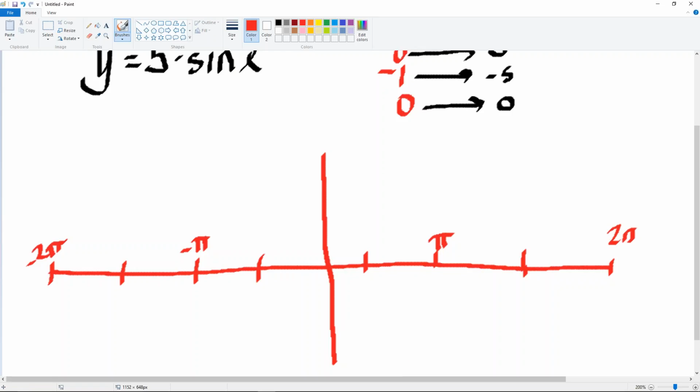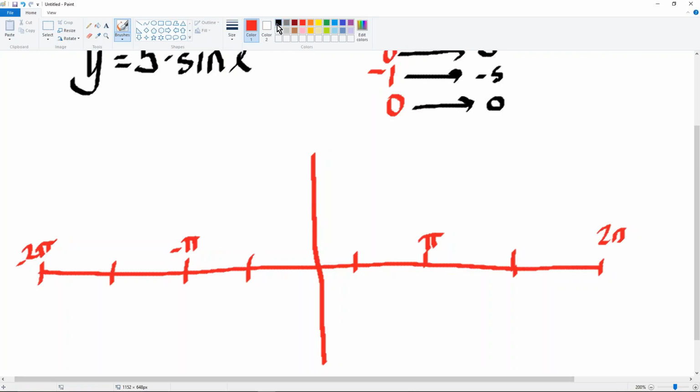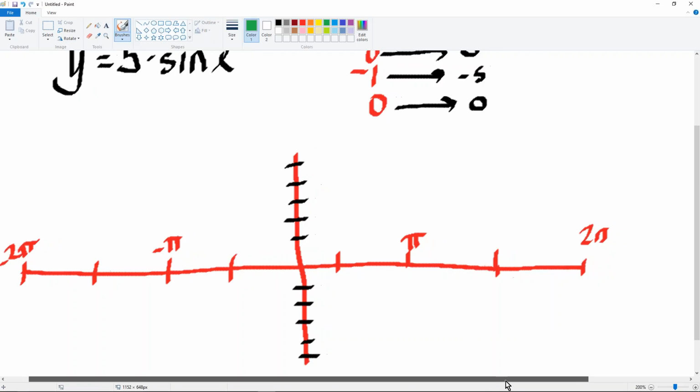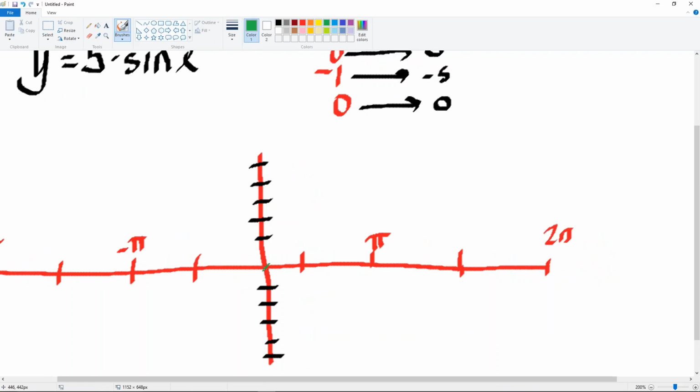There we go. All right, so now it's going to go up 5 and go down 5. I went too close. 1, 2, 3, 4, 5. All right, so the regular way is 0, 5.